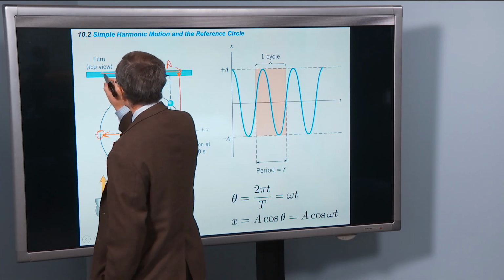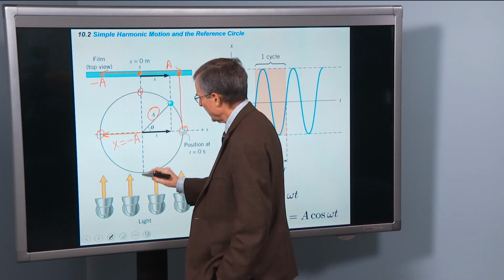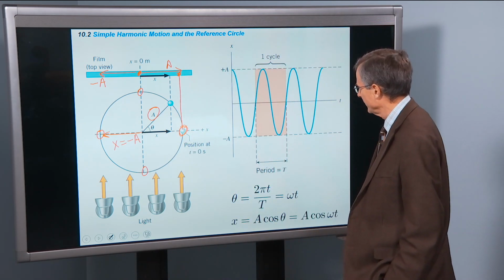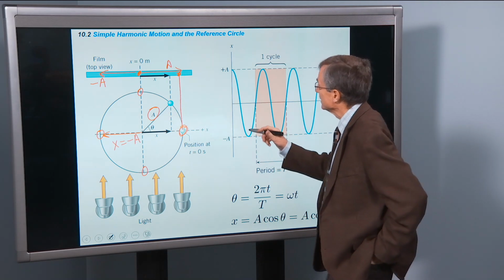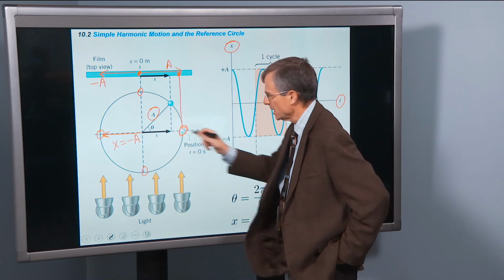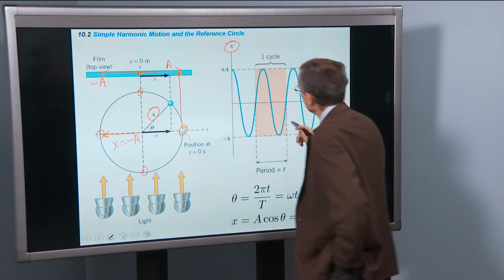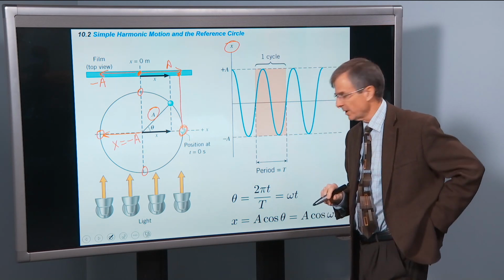So here we'll have x equals minus A, back to x equals 0, and then back to x equals A again. So what we see is that x, as a function of time, this horizontal component of the uniform circular motion, has this oscillatory behavior like we talked about before.